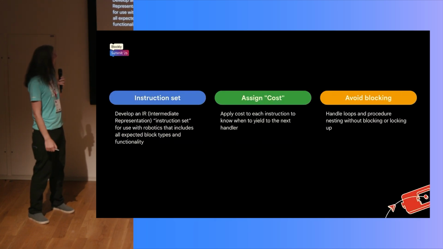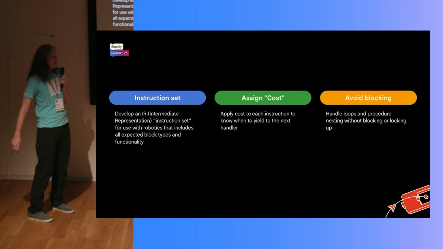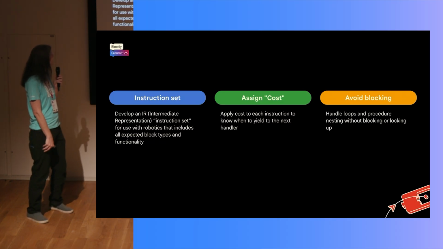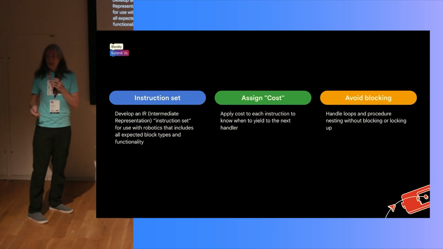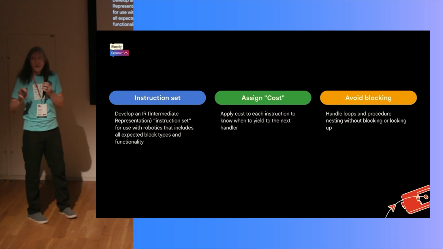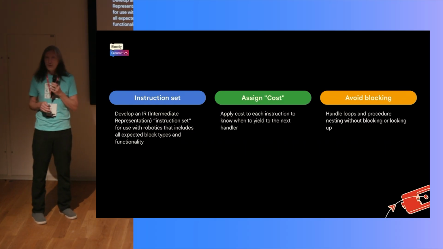Great. So the next steps were to develop an instruction set using an intermediate representation for use with robotics that includes all of the expected block types and maps to that API that I skipped over earlier. And then to assign a cost to each of those actions. Things like loops are costly because we don't want them to lock up the system.